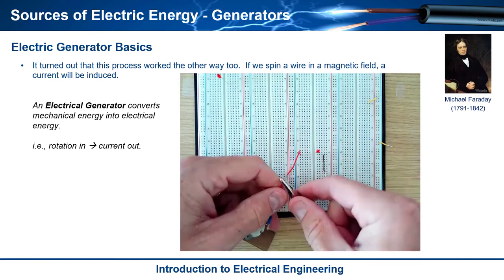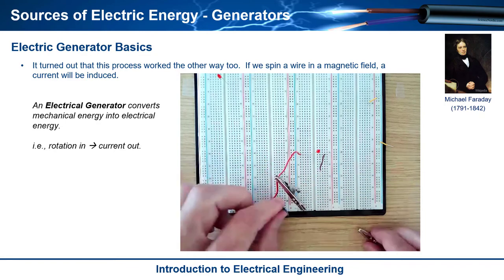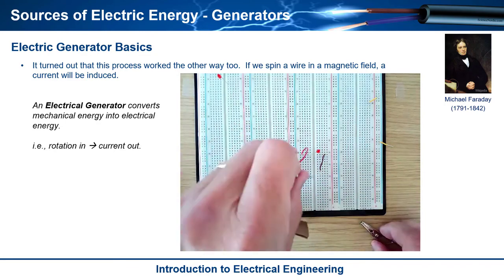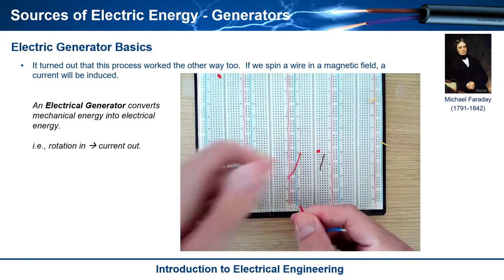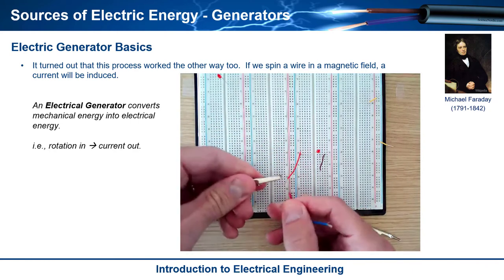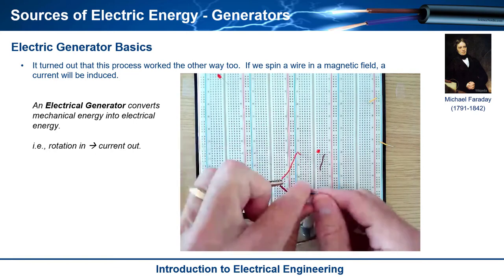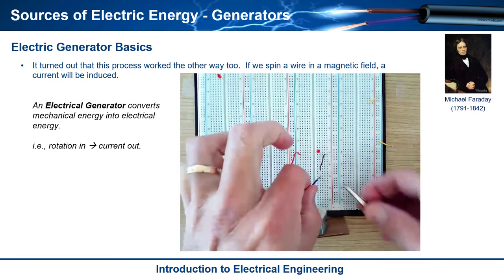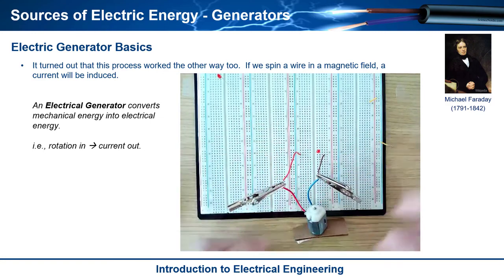I'll clip on one side of the little light, and then the other side. It's a little harder to clip than it looks. I've got them clipped, and now I'm going to clip this on there. So I should have something.